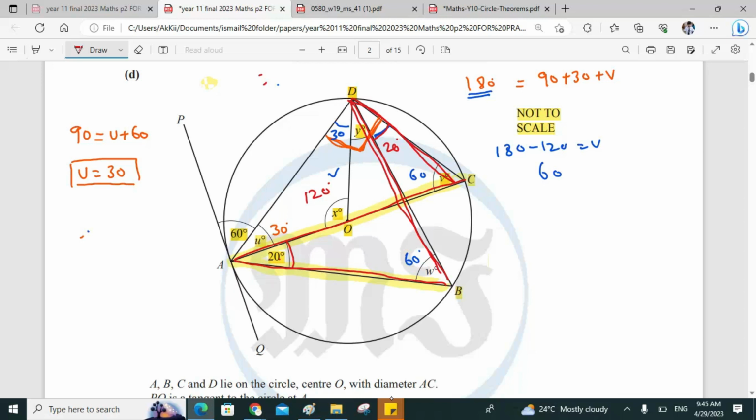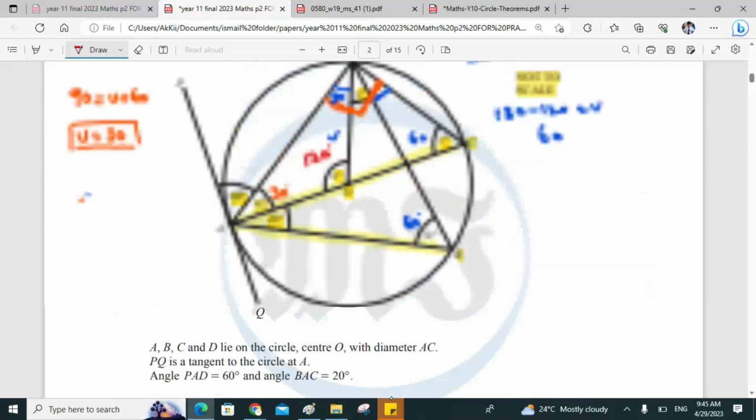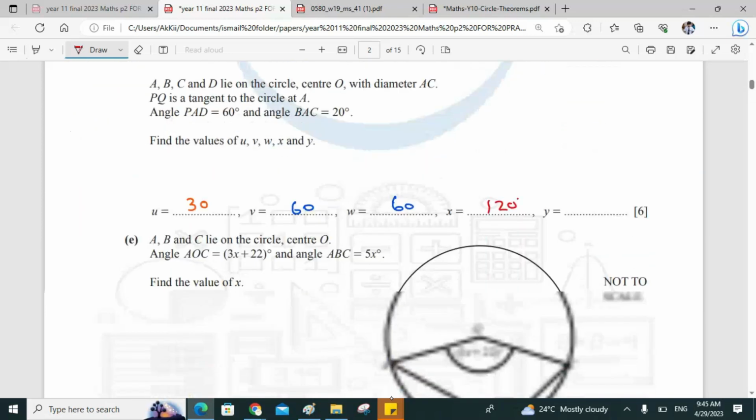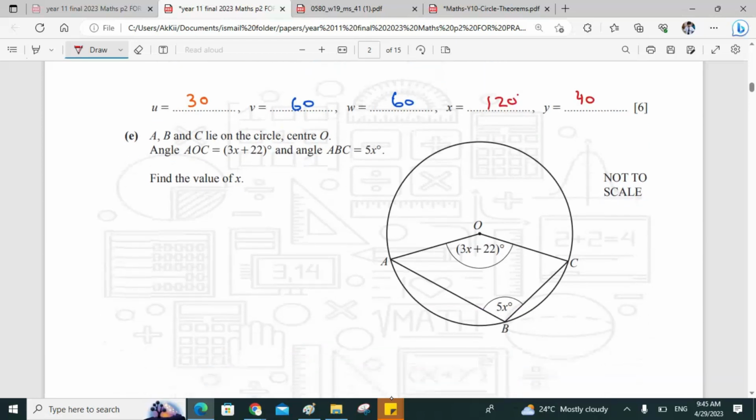So this is 20, so this will also be 20. So this is 20, this is 30, and this must be 20 plus 30, this will be 40, right? So y is 40, because this whole sum is 90 degree. So it's 40. Now this is the last part of this question. What does it say now?